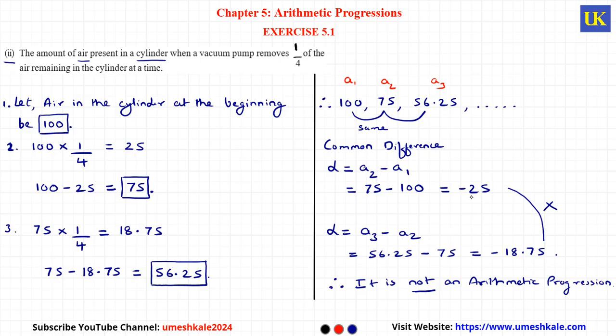Because the D is not the same. Here we are getting minus 25 and here we are getting minus 18.75. So the D is different, and because it is not the same, it is not an arithmetic progression. So this is our answer. Now we will see the next question on the next page.